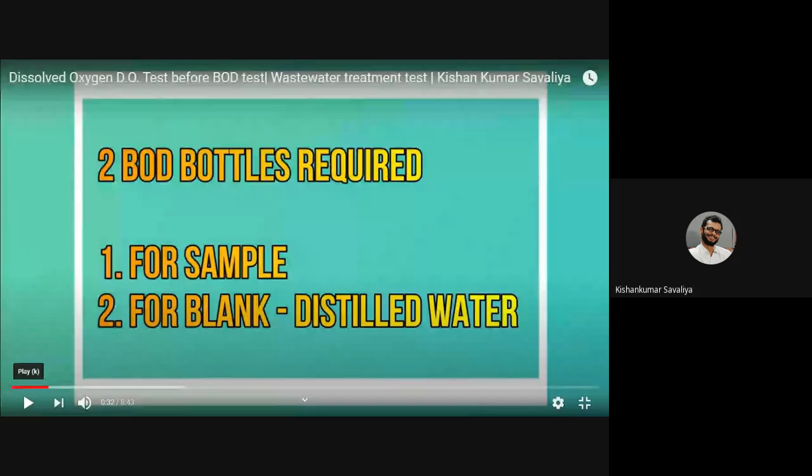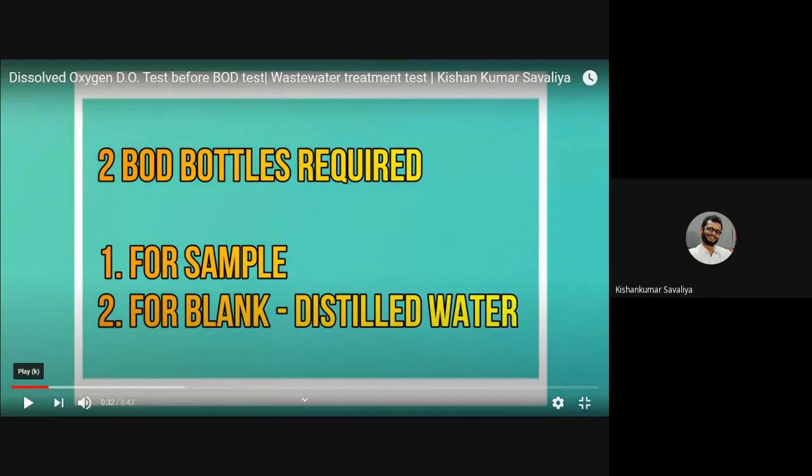We require two samples. Result is the blank. You can see on your screen, 2 BOD bottles are required. Number one is for the sample, that is your waste sample, which is collected from the treatment water plant.